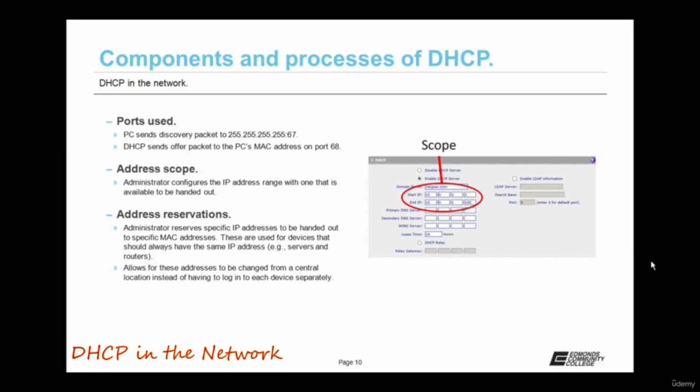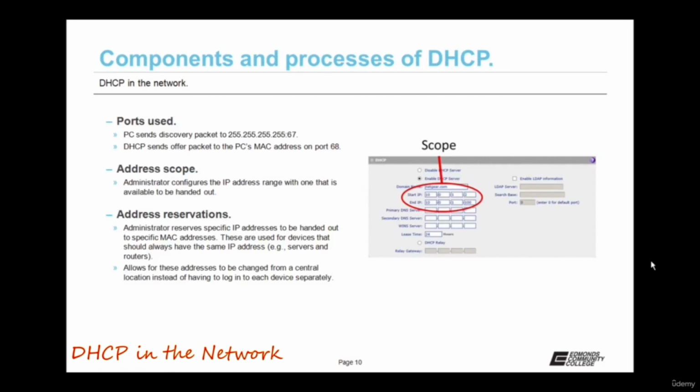Then there's the address scope. The address scope is the IP address range that the administrator configures on the DHCP server. It is the range of addresses that the DHCP server can hand out to individual nodes. There's also what are called address reservations.